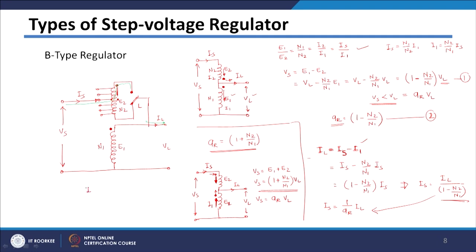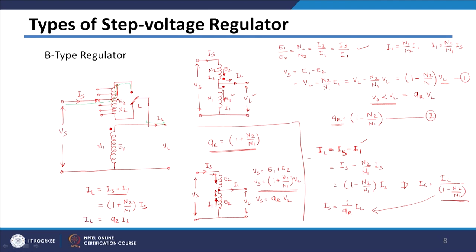I can get IL will be equal to Is plus I1, because if you apply KCL at this node, your IL will be equal to, because both these currents are coming toward the node. So, IL will be Is plus I1, and if you simplify this, it will be 1 plus N2 by N1 into Is, which will make your AR into Is.